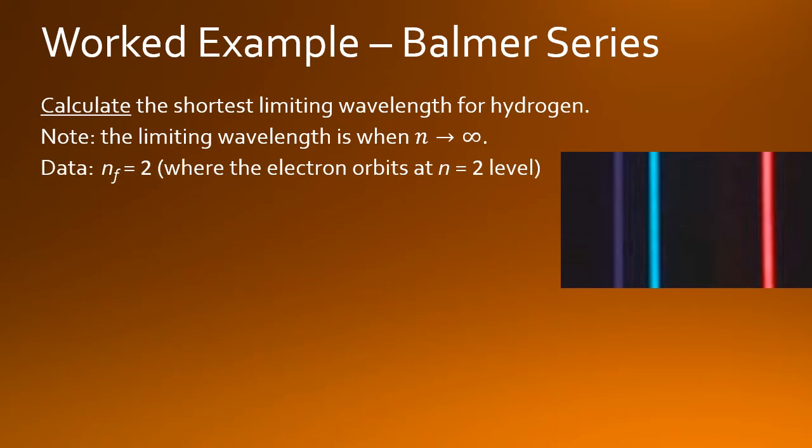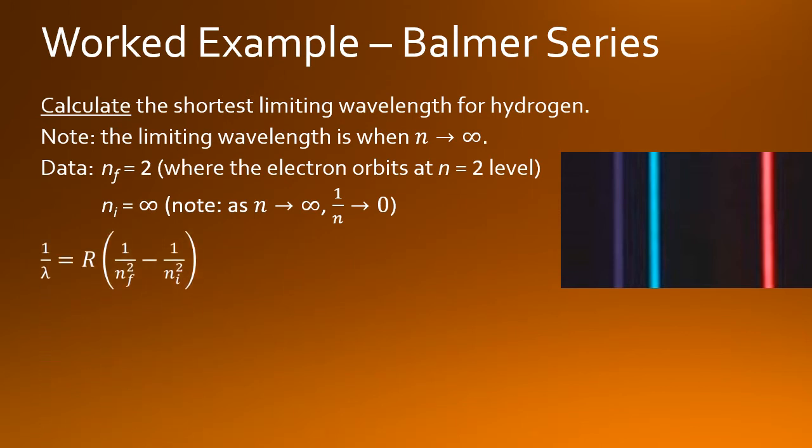And so in the data we have, Nf, the final number, is 2, where the electron orbits at n equals 2 level. Remember, we're dealing with the visible emission spectrum and the Balmer series. Ni is infinity. Now, we can't substitute infinity into an equation, but we do know that as n approaches infinity, 1 on n approaches 0.